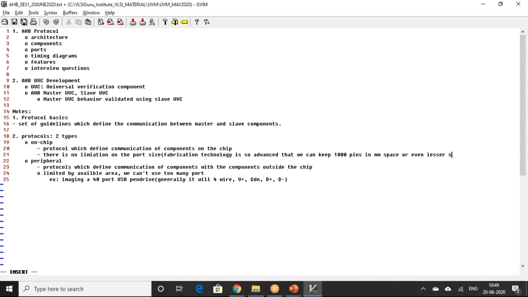That is not possible in the case of peripheral protocols. The manufacturing happens at such a low level, at the nanometer level, that you can keep thousands of pins in a millimeter or lesser space.